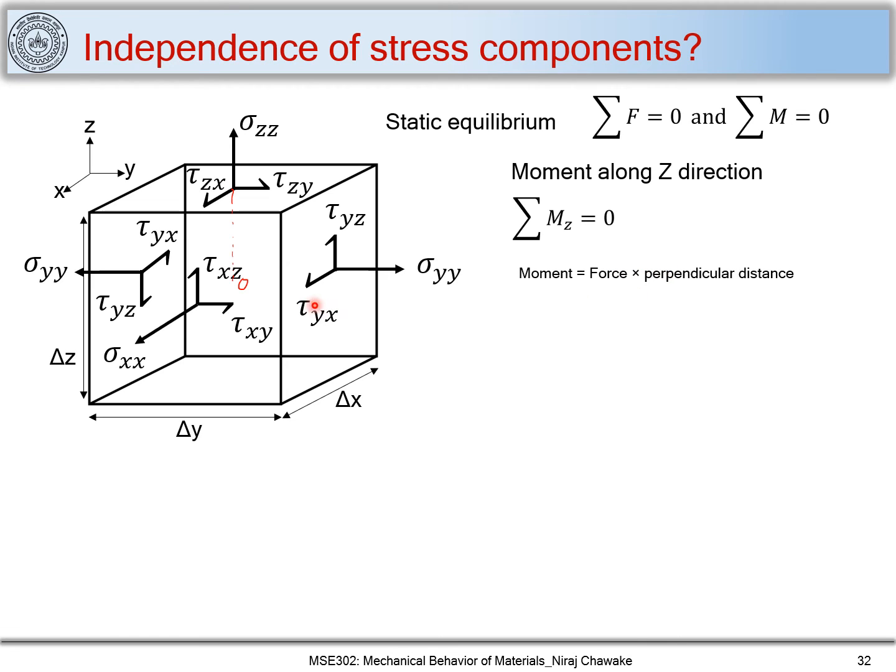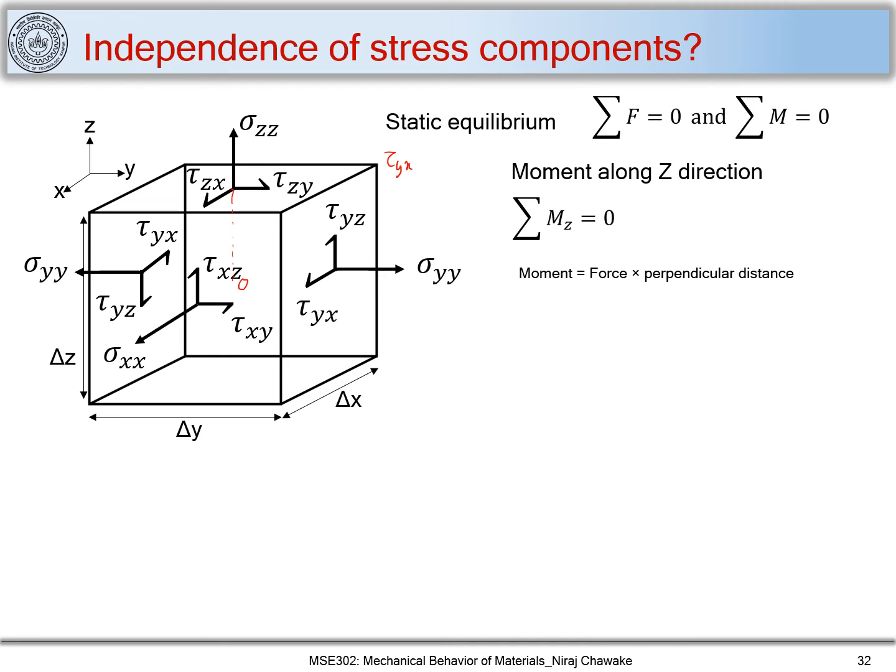So now I consider, let's say, tau yx here. I have tau yx, which is stress. To convert stress into force, I have to multiply by the area of this plane.